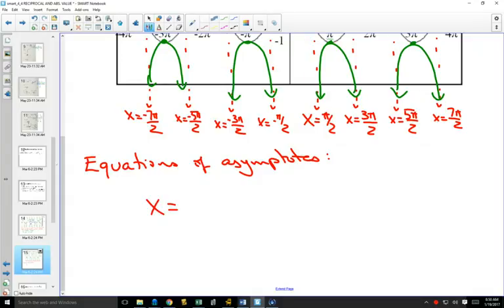Notice that they're all the odd numbers times pi over 2. And when we wrote this for cos, we had two different ways that we wrote it. Do you remember one of the ways to write all the odd numbers times pi over 2?